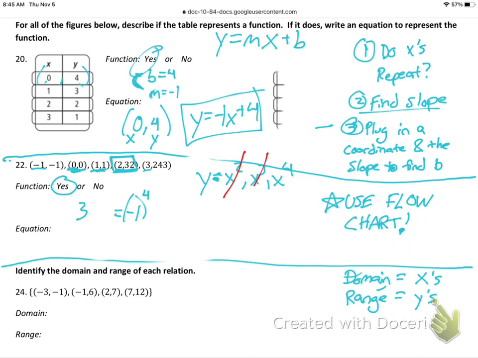Is 32 going to be equal to 2 to the fourth? Positive 2 to the fourth. So that would be 2 times 2 times 2 times 2. 2 times 2 is 4. Times 2 is 8. Times 2 is 16. So 2 to the fourth power would not work either.